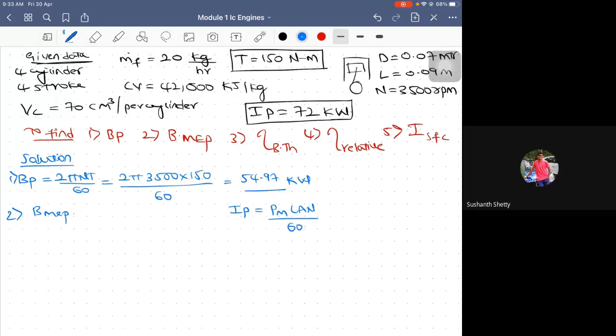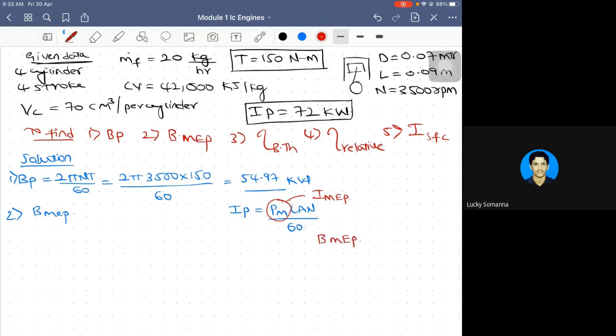Okay, now whatever the mean effective pressure you are finding here, it is called the indicated mean effective pressure. Get it? Yes. Everyone? So that is indicated mean effective pressure. So what you have to do so that I calculate brake mean effective pressure.